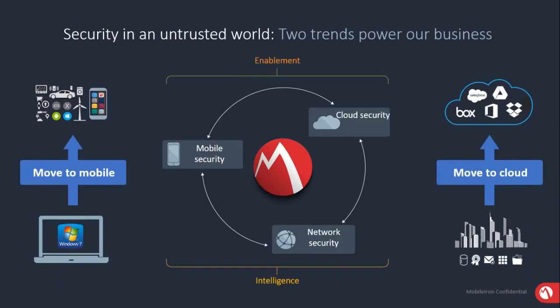So MobileIron is the platform that helps secure end users accessing from their own devices, irrespective of operating system, as well as helping organizations secure data and control user access to corporate resources on the cloud, whether it is Salesforce, OneDrive, Google Drive, or Office 365.